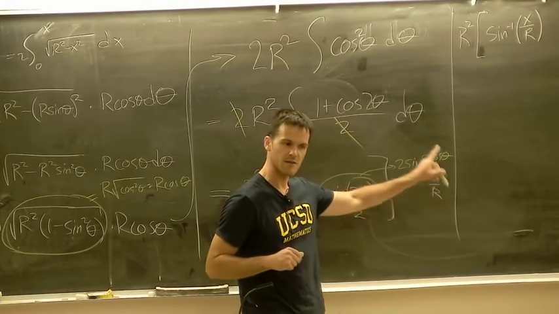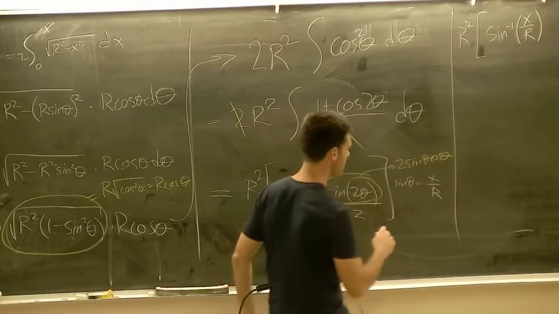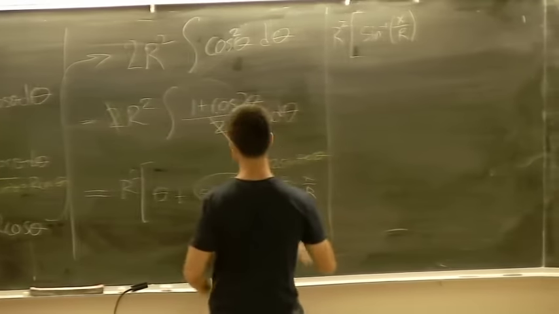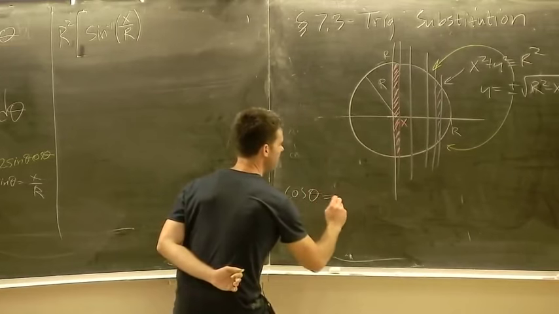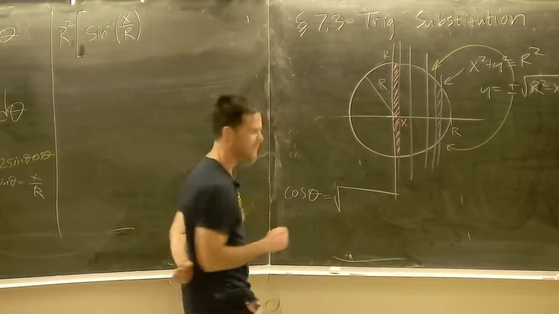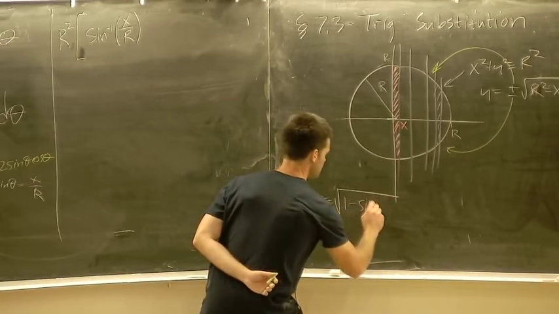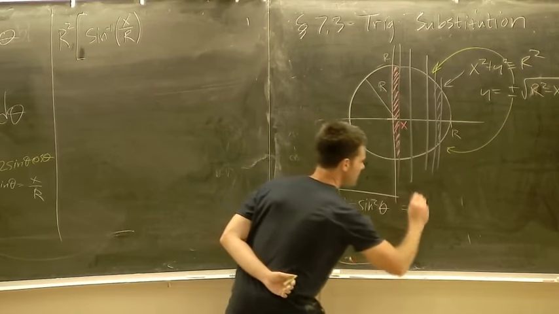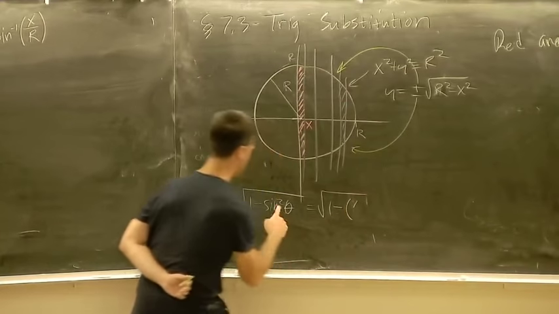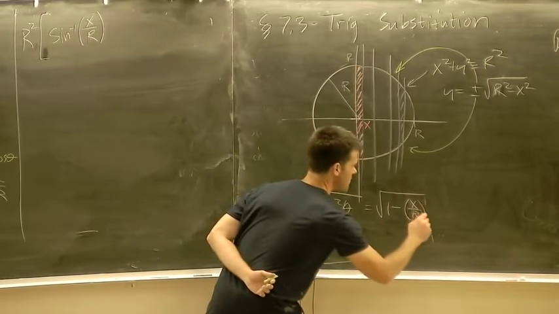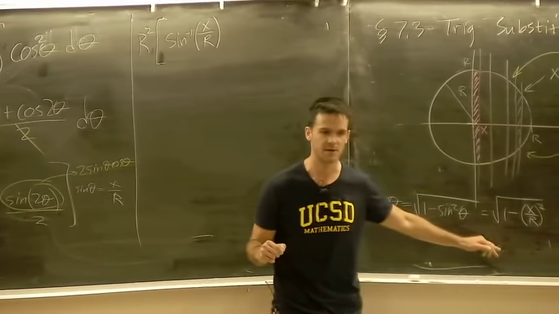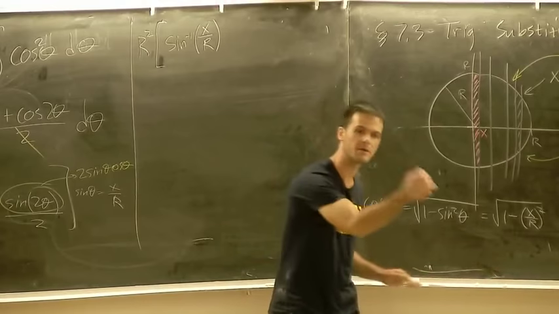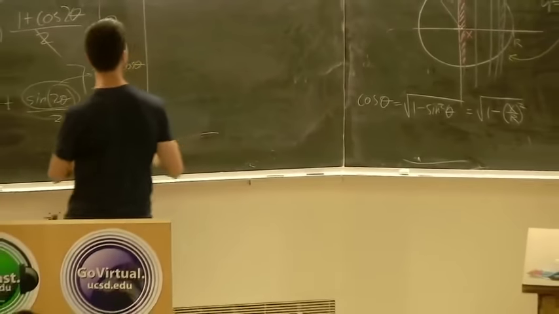Cosine theta is a little bit trickier. Let me write it right here. Cosine theta can be written in terms of sine theta: it's the square root of 1 minus sine squared theta. So that's the square root of 1 minus x over r squared. Pay attention to this part. This is a tricky aspect of doing these trig integrals: how to put everything back in terms of x at the very end.